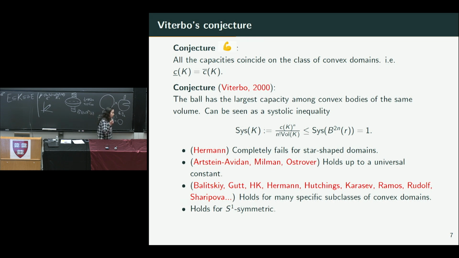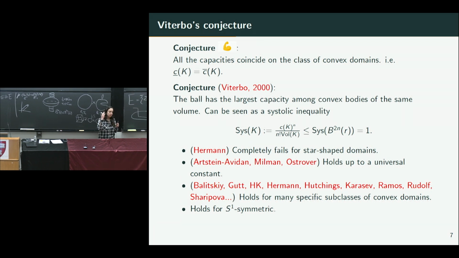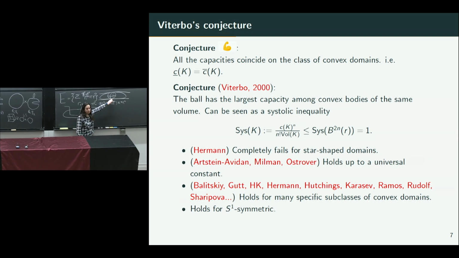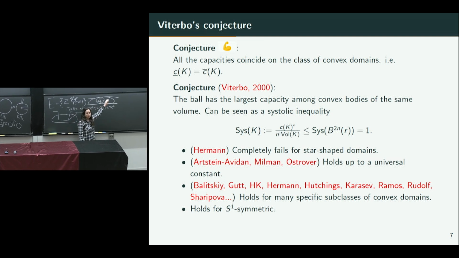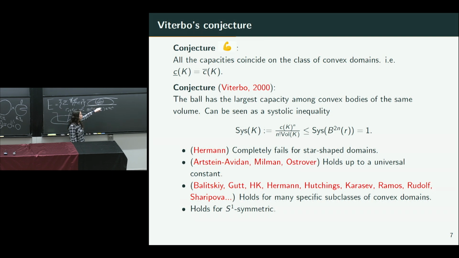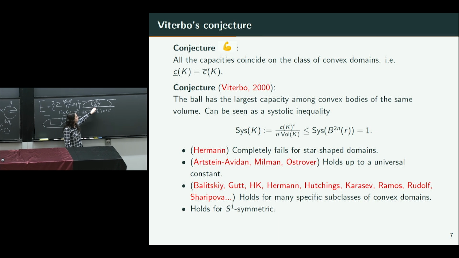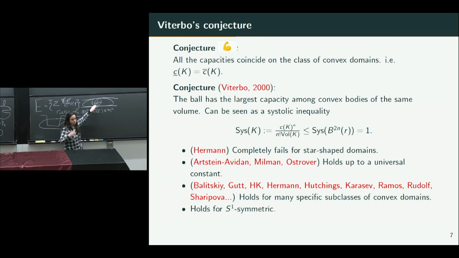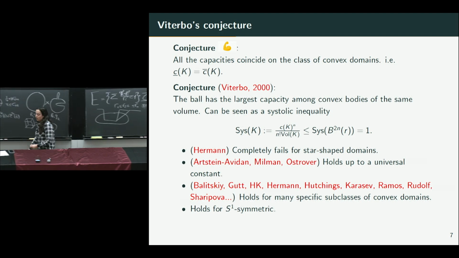And this loop lies inside some complex plane and bounds a disk. And much like the case of the ellipsoid, this disk would be a base for a cylinder containing my convex domain. So again, like the ellipsoid, we get relatively easily here that all capacities should coincide. So the strong Viterbo should hold whenever we have a lot of symmetry, so S1 symmetry.